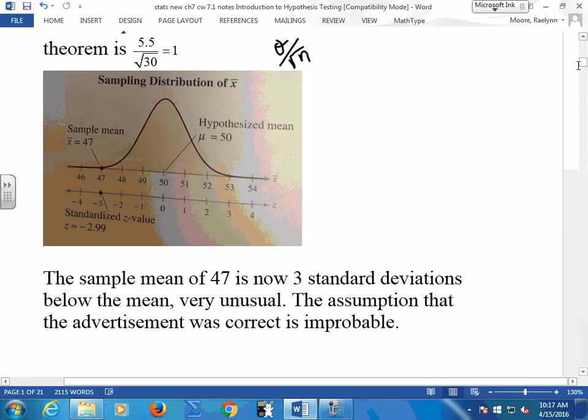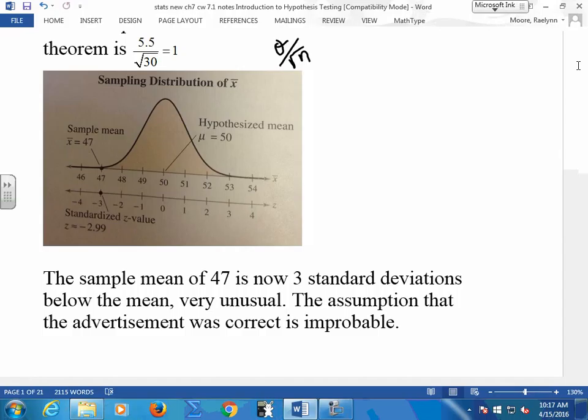We have a different way that we test, but they're showing you how the test would come out. They figured their standard error is about 1 because they use the central limit theorem. So a 47 would mean that you're 3 standard deviations away from the mean. You really shouldn't be that low. That's unusual. So you can conclude that the advertisement was probably not correct, but we don't say not correct.